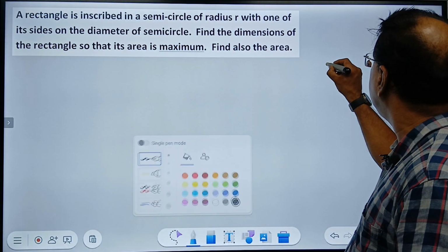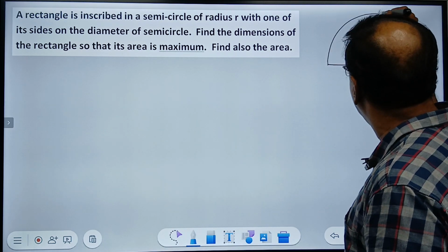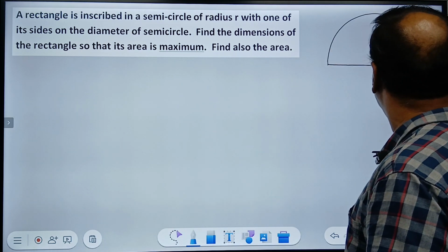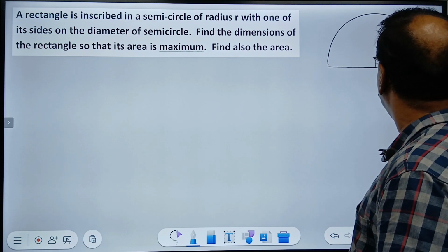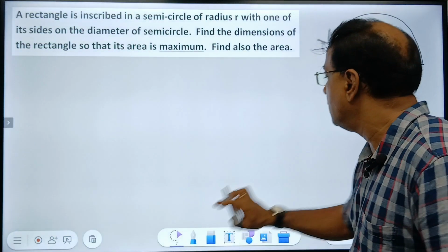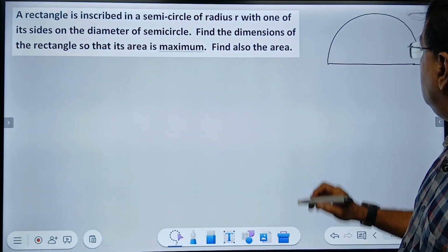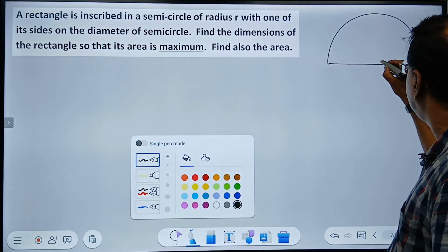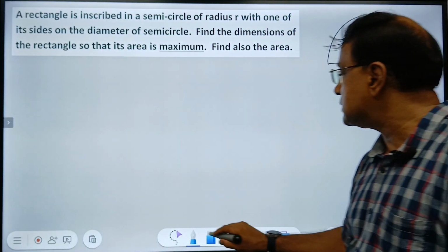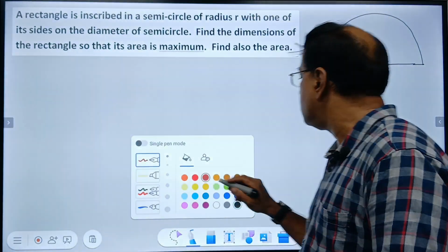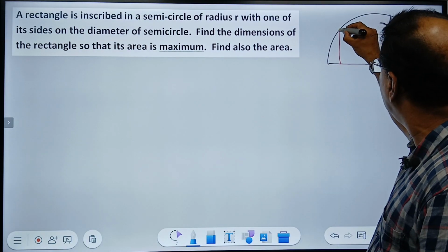Okay, this is a semicircle, and this is the center of the semicircle. Okay. Now I'm going to inscribe a rectangle. See how I'm inscribing it?